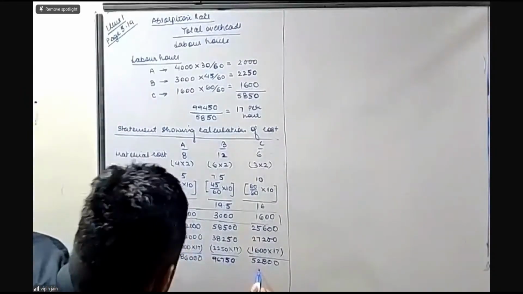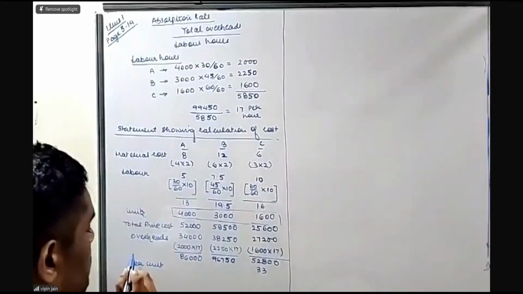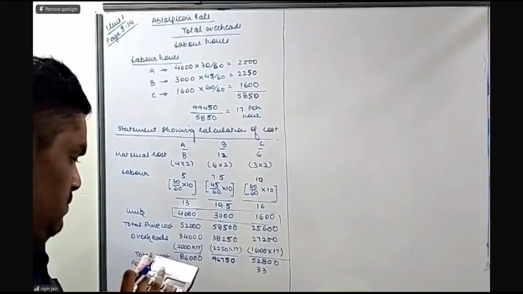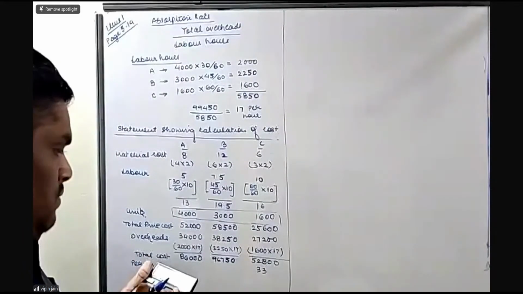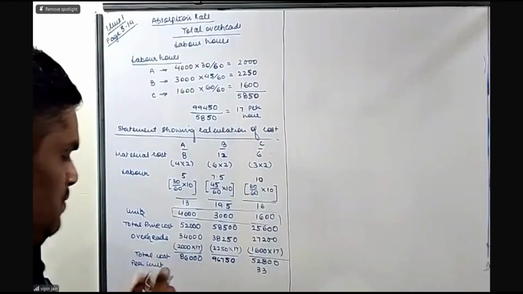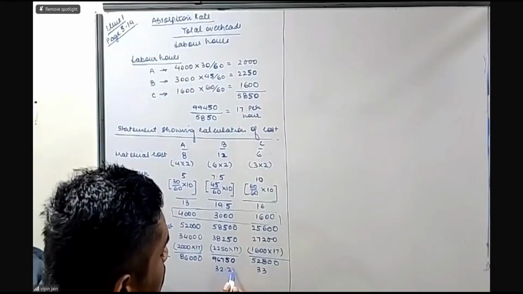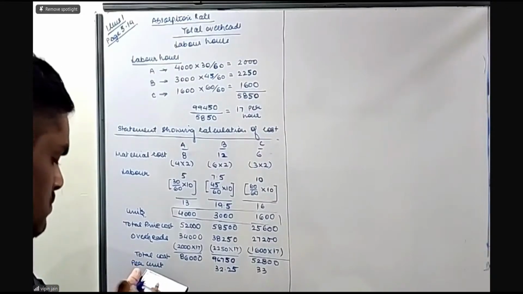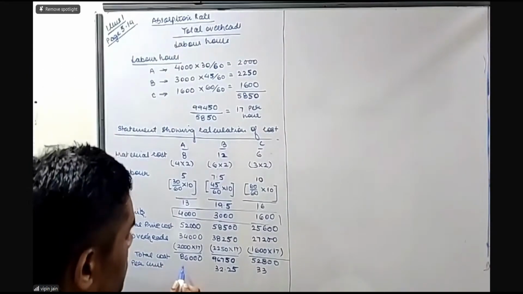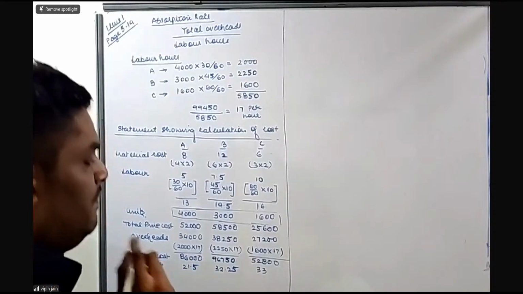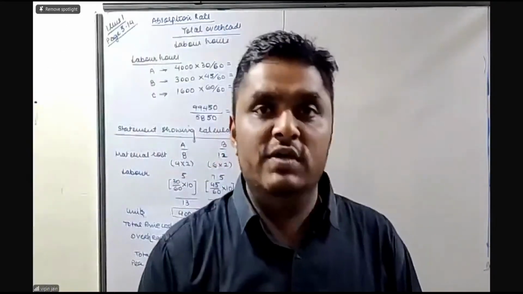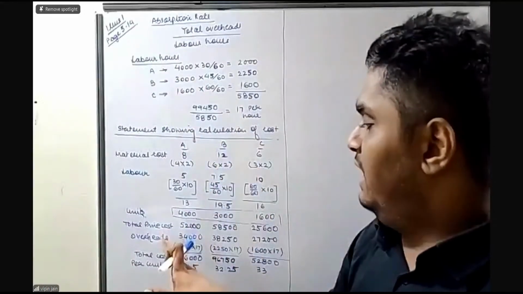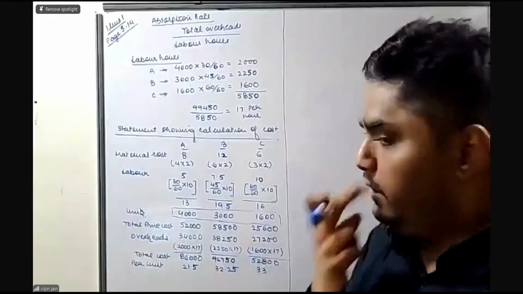So this will be 33, 32.25, and 21.5. This is the traditional system of costing that you have learned in overhead. First, calculate the absorption rate and charge the overheads using that absorption rate to calculate the total cost.